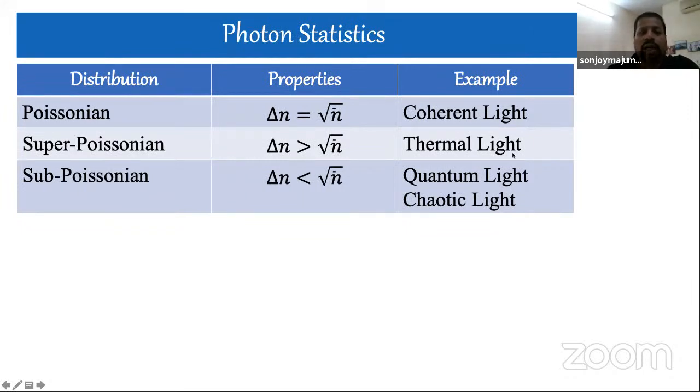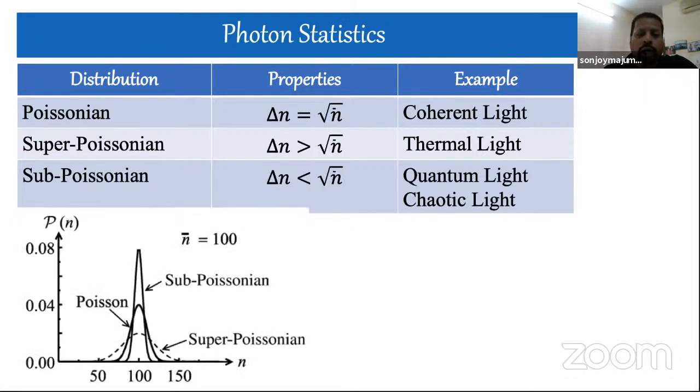Thermal light, which you see classically, like from a bulb, is classical light, and follows super-Poissonian distributions. The laser light we just discussed obeys the Poisson distribution. The quantum light, which has quantization features inbuilt, obeys the sub-Poissonian distribution.